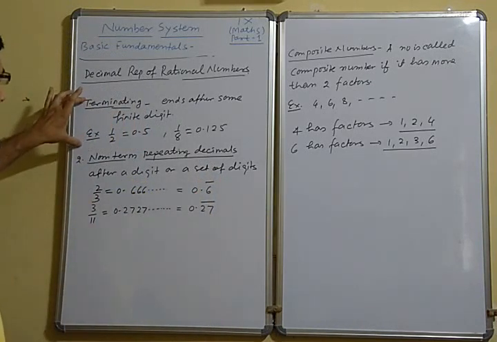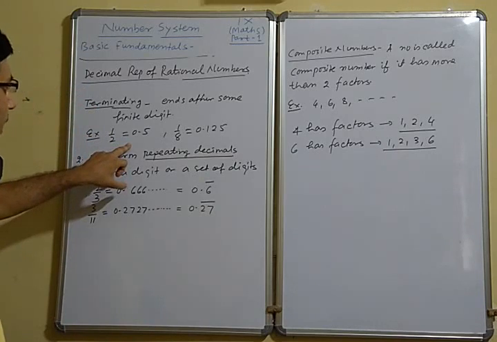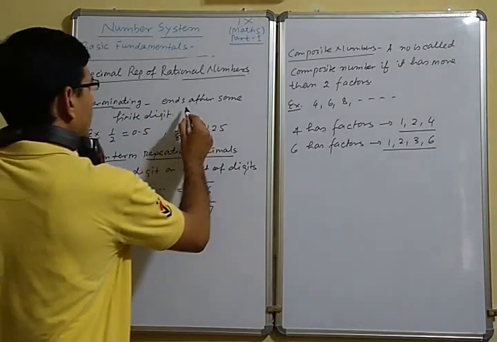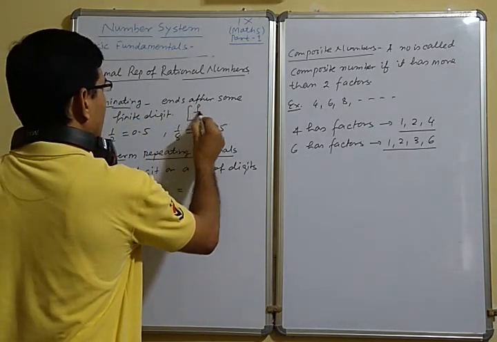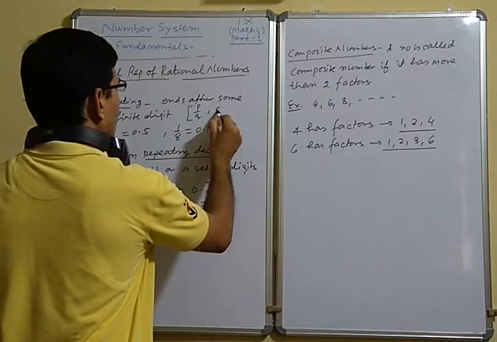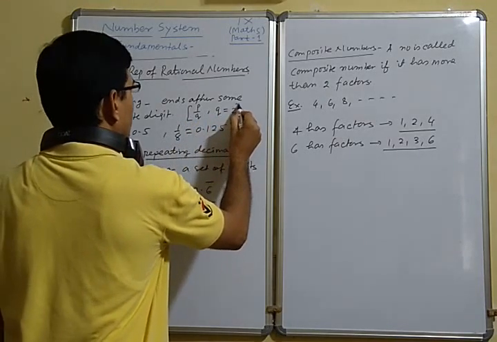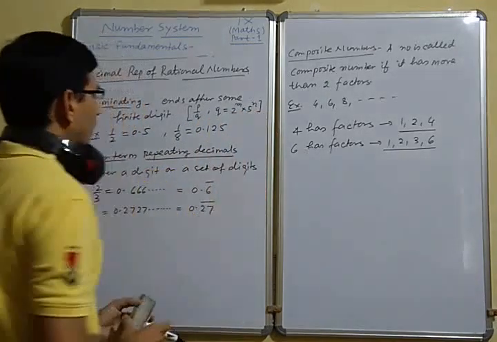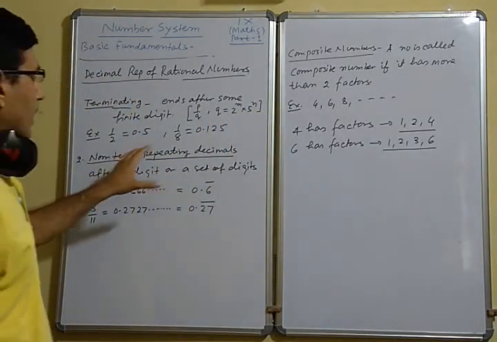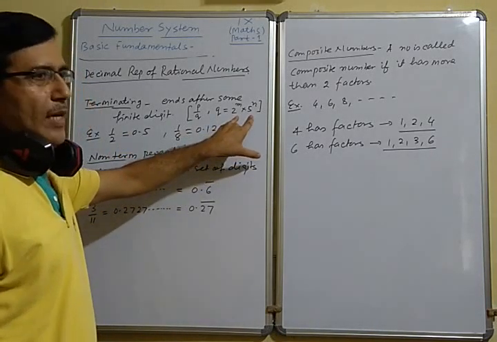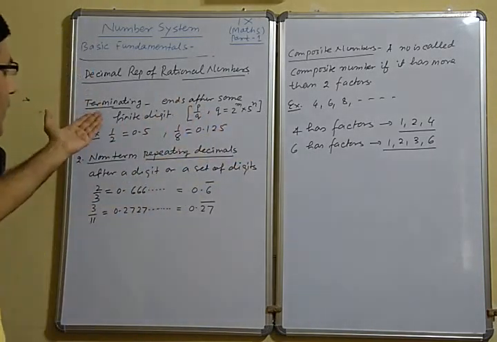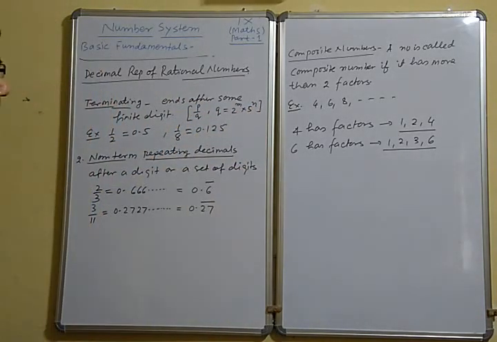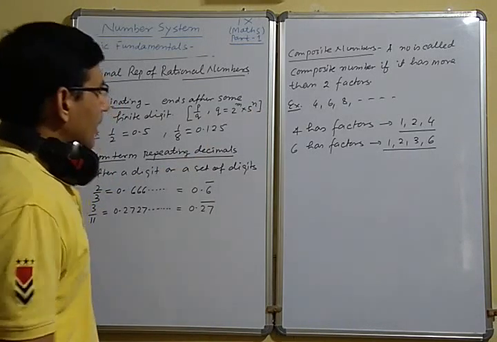Now in case of terminating, if P by Q is a number, then Q must be in the form of 2 raised to power m and 5 raised to power n. That means if the denominator has only 2 and 5 as factors, it always terminates, where m and n are integers.